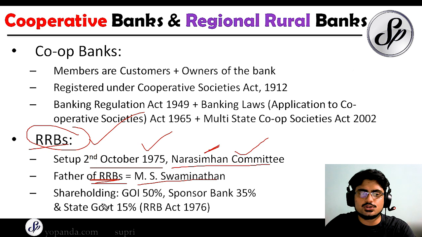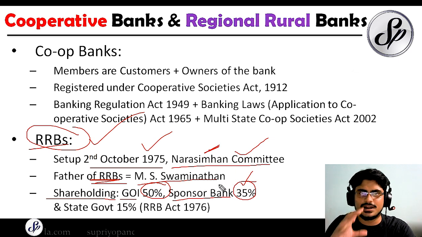And now the shareholding is also very, very important. For the regional rural banks, the government of India has 50% shareholding, then the sponsor bank has 35%. Very important, because each and every RRB is sponsored by one of the banks, and since RRBs are operating at the very bottom tier, they are helping in financial awareness and financial inclusion at the village level.